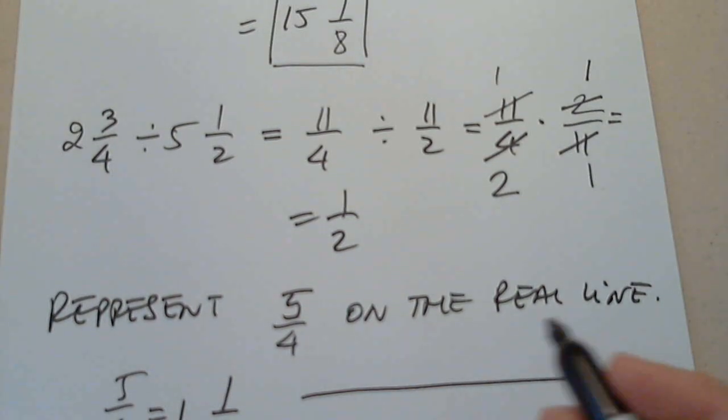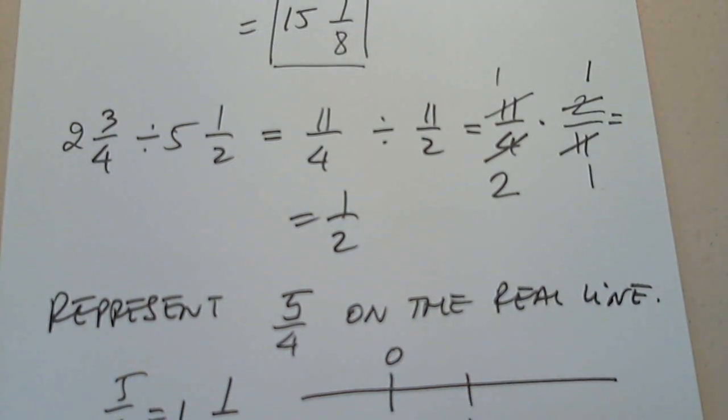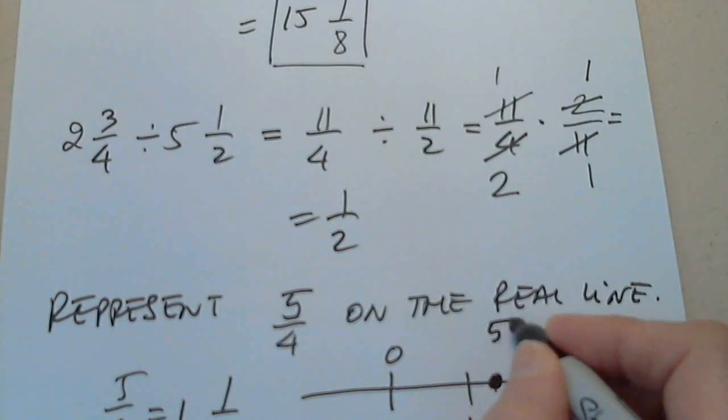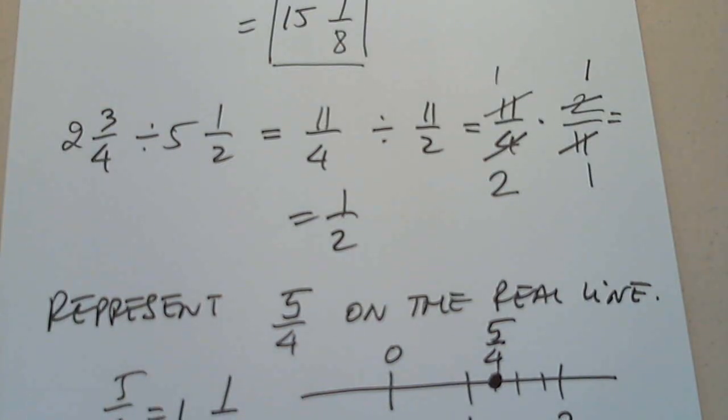Now I know that this is 0, this is 1, this is 2, and the unit between 1 and 2 has to be divided into 4 equal parts. So I have one integer and a quarter. So this is indeed 5/4. We start at 0 and we move to the right.